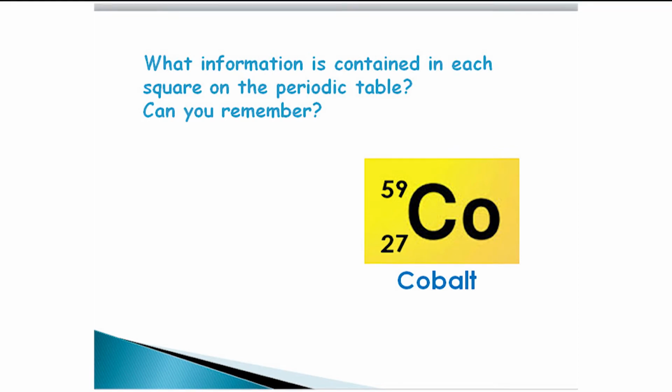The atomic number Z is equal to 27, so it contains 27 protons in its nucleus and 27 electrons in the electron cloud. As for the number of neutrons, it's calculated by the formula N equals A minus Z. 59 minus 27 is equal to 32, and then the cobalt atom contains 32 neutrons in its nucleus.